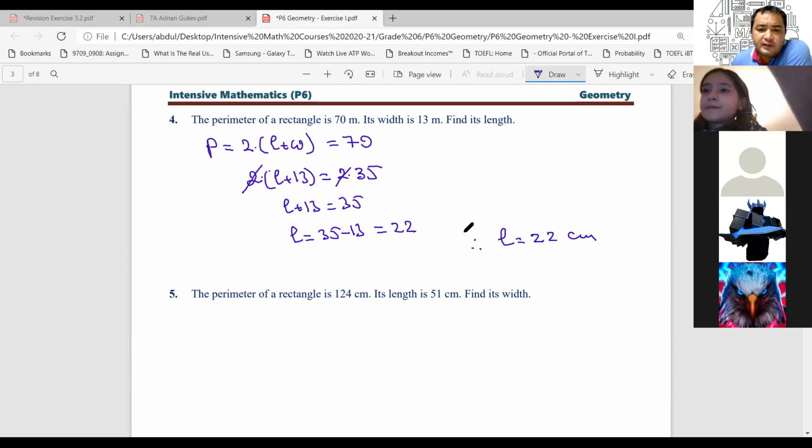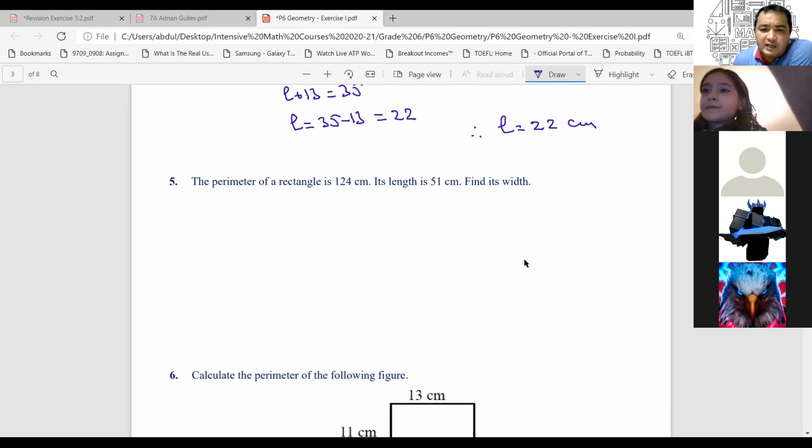Let's continue. The perimeter of the rectangle is 124. If its length is 51, find its width. Similar question, right? Perimeter is equal to 2 times length plus width. Just substitute. Do we know the perimeter? Yes, 124. And do we know the length?